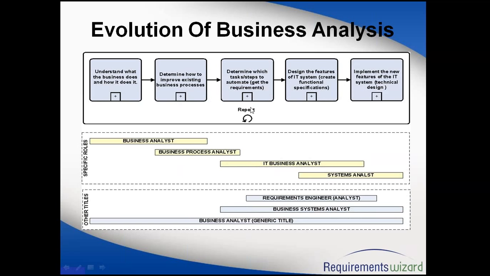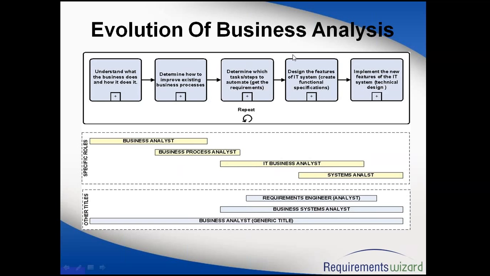Then you see which ones to automate or which ones to get rid of. So in these 3 steps, you are basically doing the current state and the to-be state, what we saw a few slides back, at a business layer, making the process more efficient and effective.